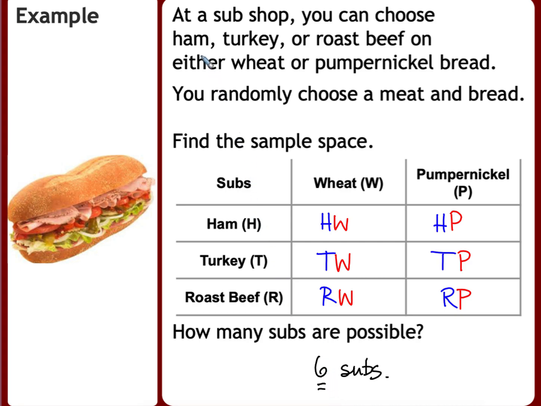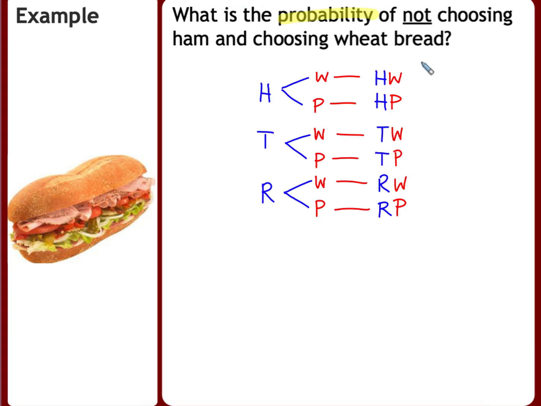All right, so I'm going to have you go ahead and try one of these on your own. Well, actually, let's talk probability next. What is the probability of not choosing ham and choosing wheat bread? I just copied the tree from our previous slide. So here's our tree, and we want to know what is the probability of not choosing ham, and choosing wheat bread.